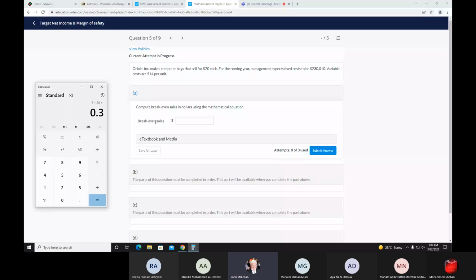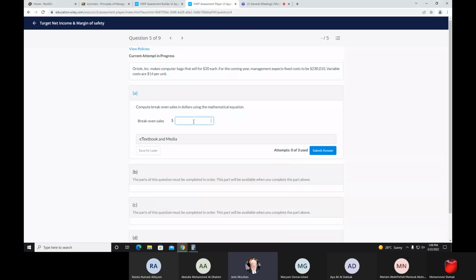Right. 0.3. Right. And you divide that into your fixed costs, and you get $766,700 is your break even in sales.